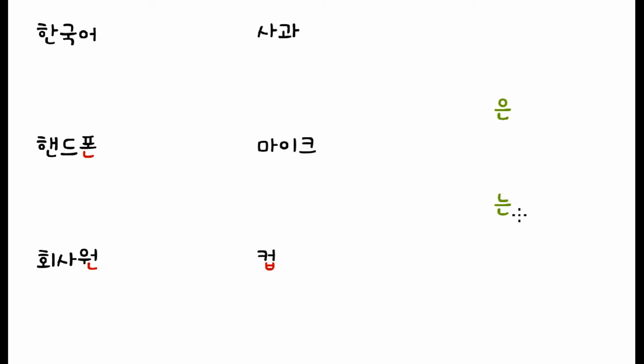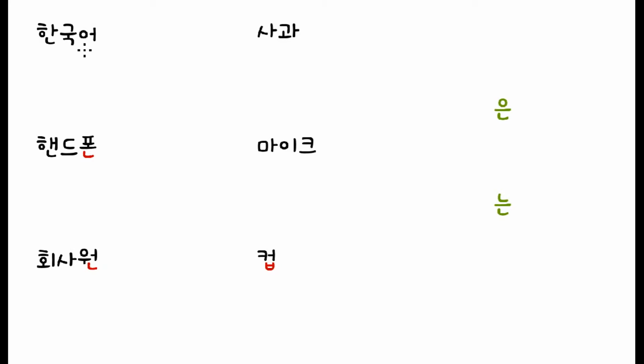These particles have a few functions, and in here, the main function is that when these particles come after a noun, it indicates that the noun is the topic in the conversation.